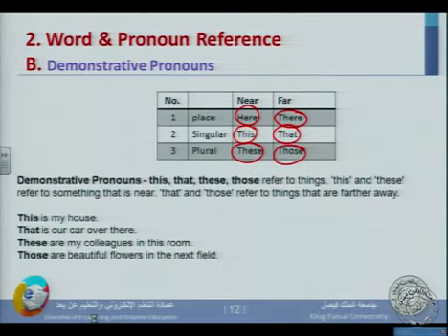So demonstrative pronouns like this, that, these, those refer to things. This and these refer to something that is near, that and those refer to things that are farther away.